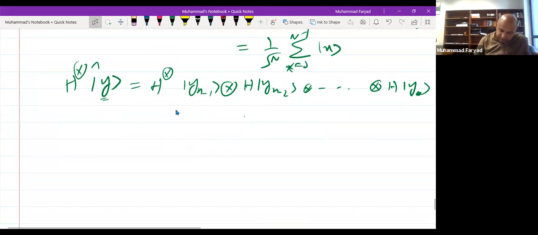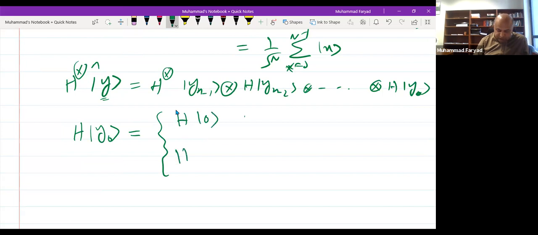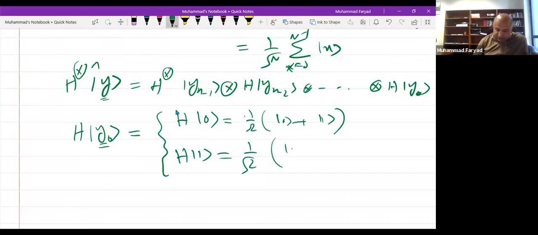Okay, but before that, let's see what happens when Hadamard is applied to a general single qubit y naught. If you recall, Hadamard could be on 0 or 1, because this y naught is either 0 or 1. If Hadamard applies to 0, this is nothing but 1 over square root 2 of 0 plus 1. And if Hadamard applied to 1, this is nothing but 0 minus 1.